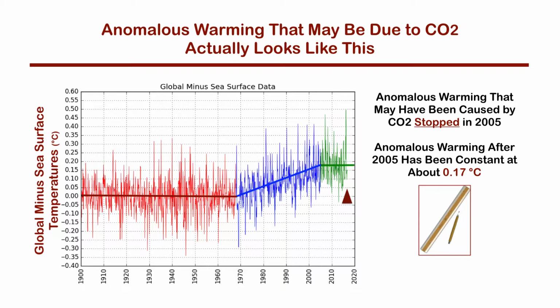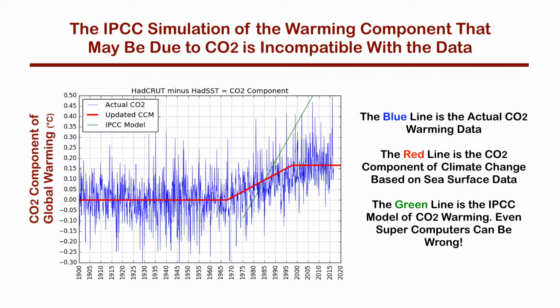So here we have a model, the solid lines here, of the anomalous warming that may be due to CO2, derived from a simple analysis of the sea surface and global temperature data. Well, there's another model of the effect of CO2 on global warming. The Intergovernmental Panel on Climate Change, the consensus of scientists, use a kind of sophisticated simulation of the warming component that may be due to CO2, and that is plotted here in this faint green line.